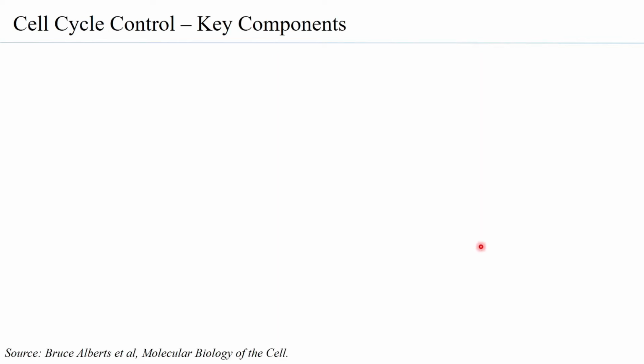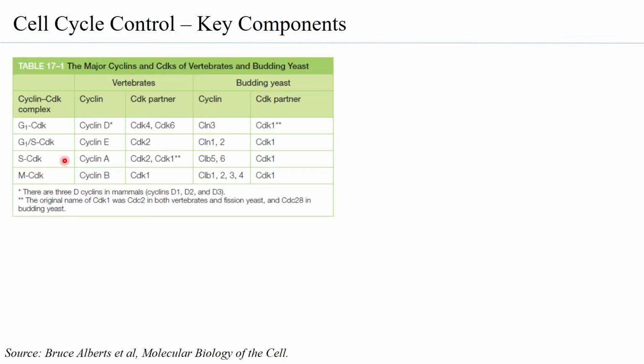To understand it better, you can see over here that for every phase, for example, this is in vertebrates. So cyclin D associates with CDK4 and CDK6 to form what is called G1 CDK. Similarly, you have CLN3 associating with CDK1 to be G1 CDK. The G1 CDK will help regulate in the G1 phase.